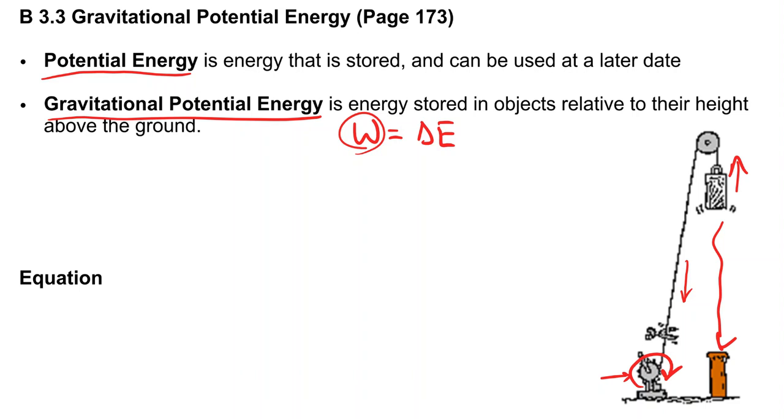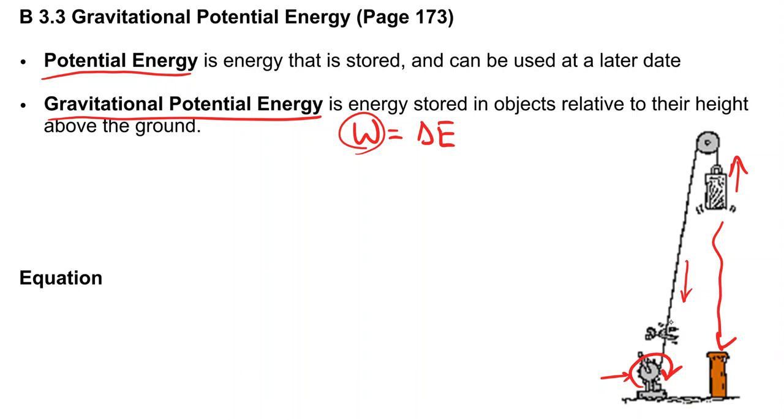So what's happening is Mr. Walton is performing work on the object, and because of that, the object is gaining energy, and the energy it's gaining is potential energy because we're storing it. I could leave this object here for 5 minutes. I could store that energy for 5 minutes, for 3 years, for 1,000 years.